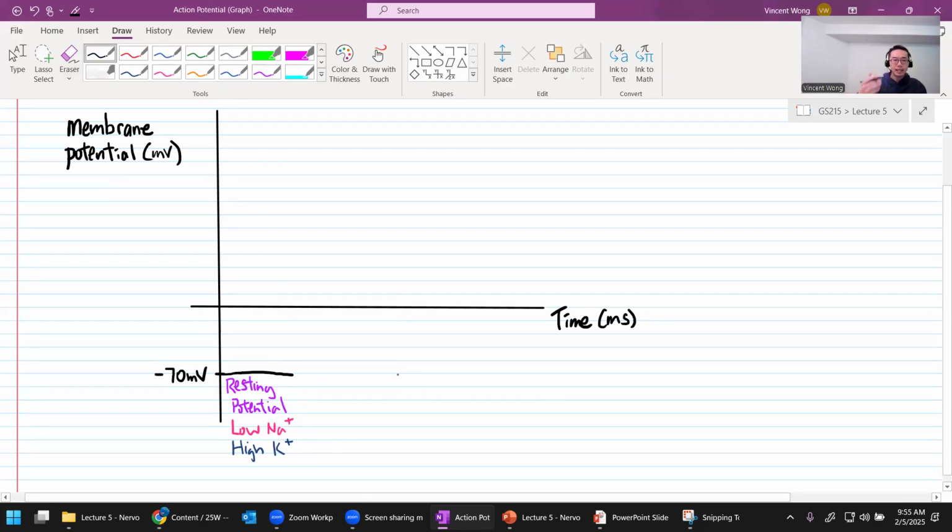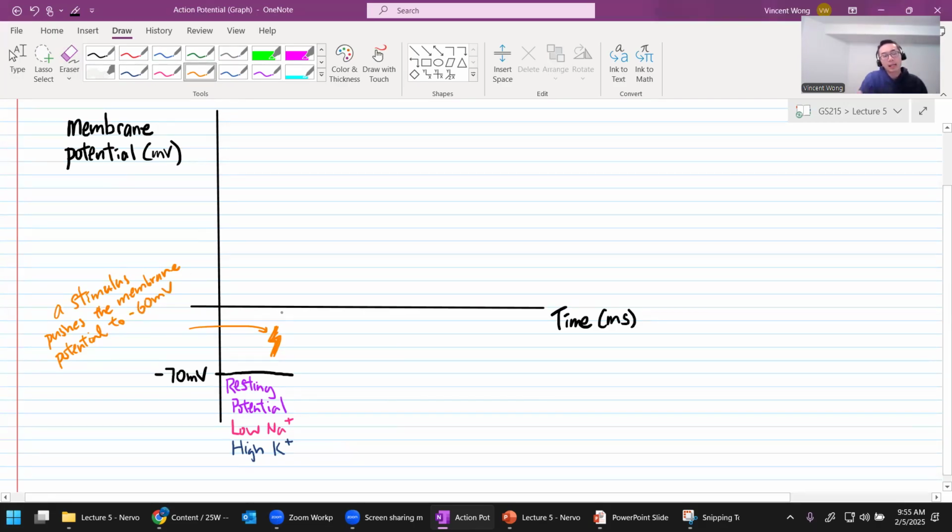However, if there is some kind of trigger, we usually draw a lightning bolt, this is a stimulus. A stimulus, a trigger, pushes the membrane potential to minus 60 millivolts.